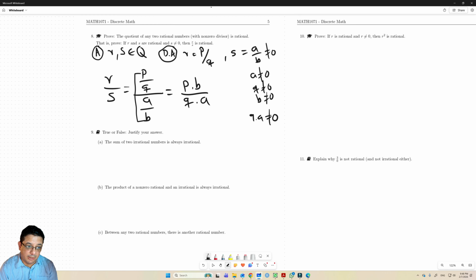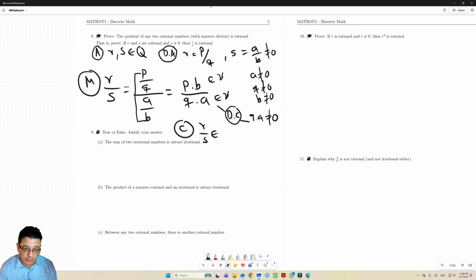Notice here, this is our third step, the manipulation. But now, because P and B are integers, Q and A are integers, then we're going to have that this is an integer, and this is different from 0. Then this step is pretty much giving us our definition of the conclusion, which is our step 4. And so finally, we can conclude that R over S is just going to be a rational number.